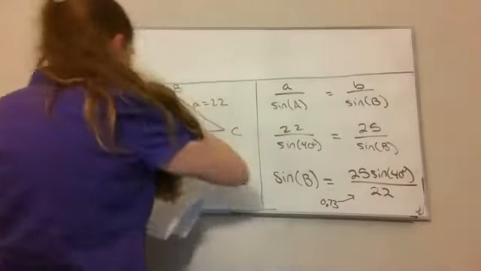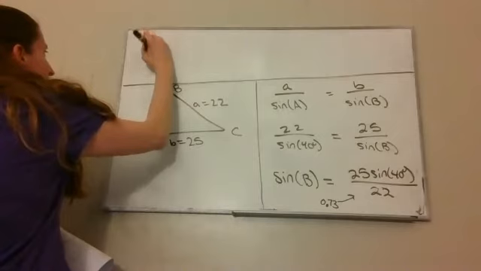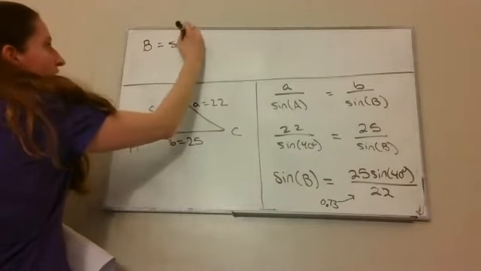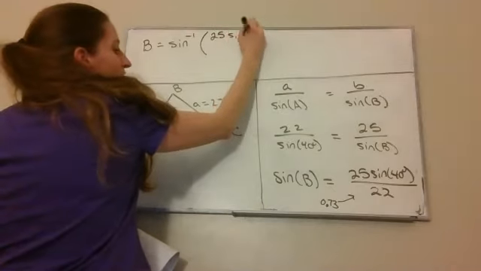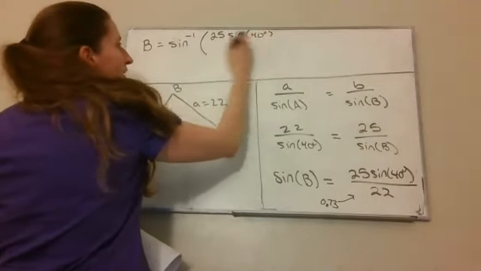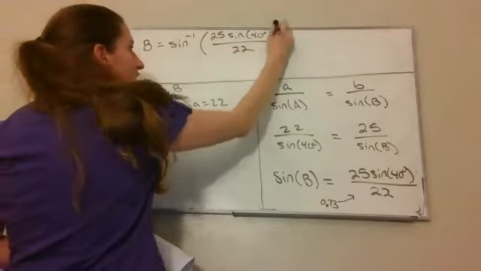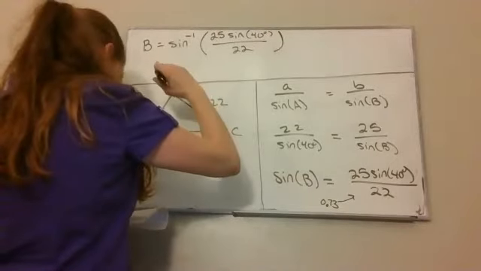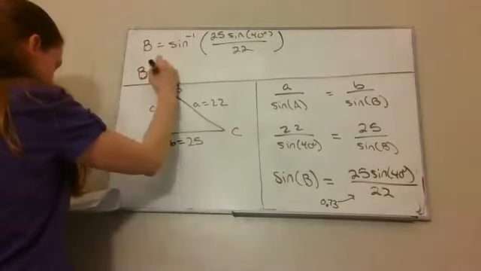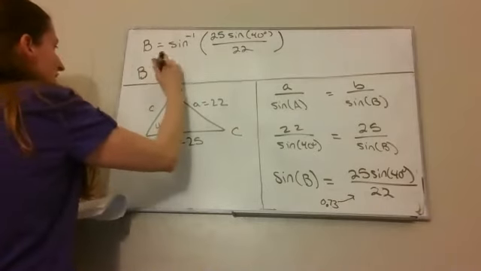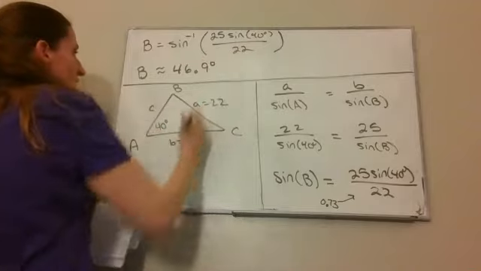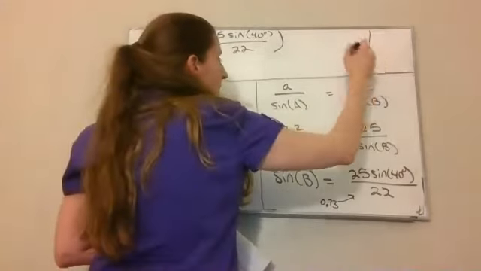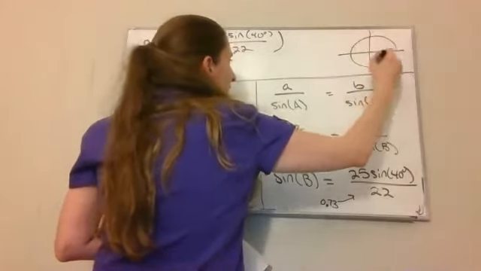This tells me that angle B is equal to sine inverse of 25 sine of 40 degrees divided by 22. If you type that into your calculator, you're going to get B is approximately 46.9 degrees. But remember, again, here's my unit circle.